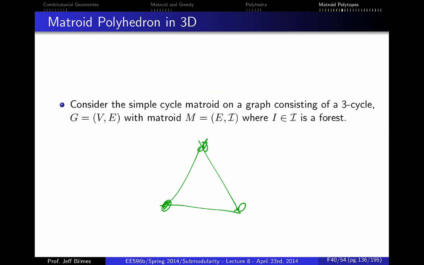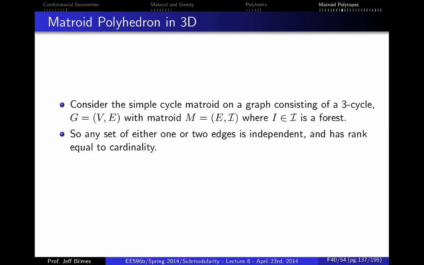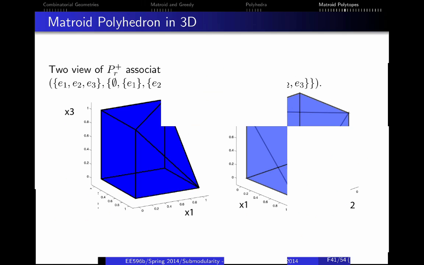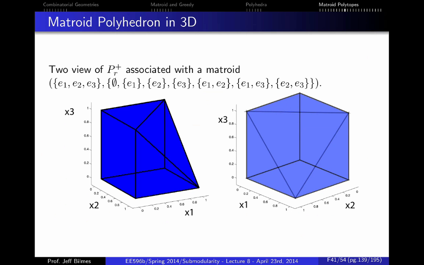This is not a combinatorial geometry. This is a graphic matroid. Here we're saying that any individual edge has rank 1, any pair of edges has rank 2, and there's only one set of 3 edges, which has rank 2. So here's the polytope, the matroidal polytope associated with that. There are 2 angles to look at it.